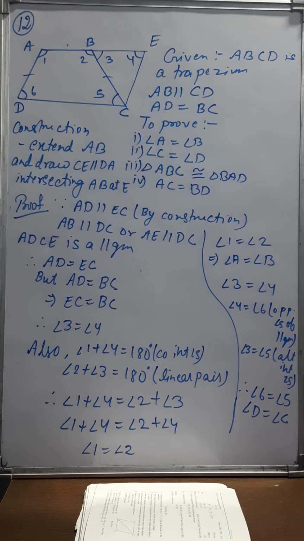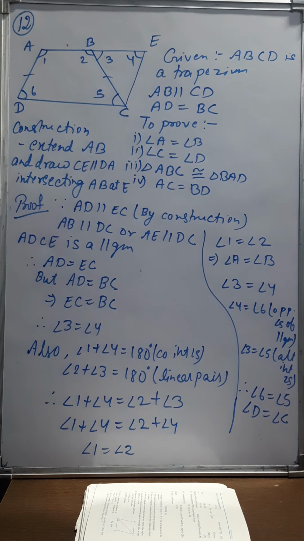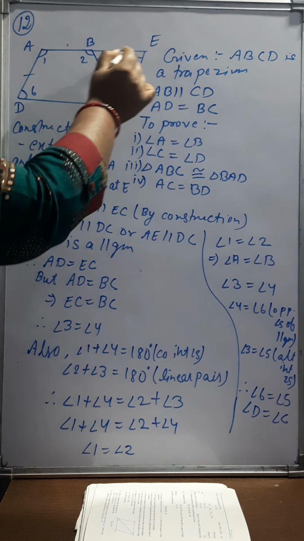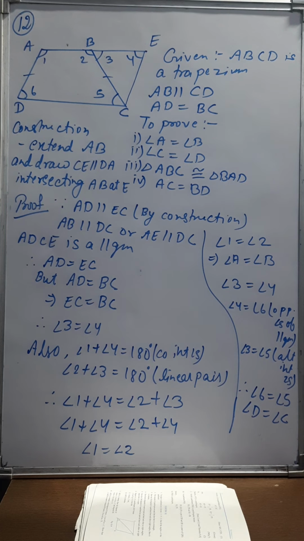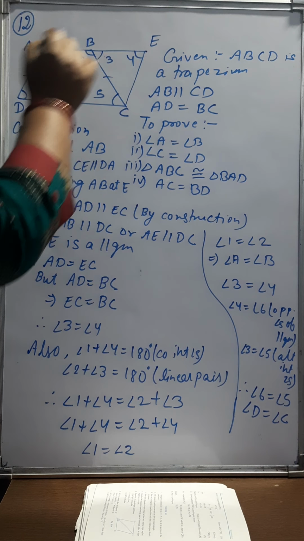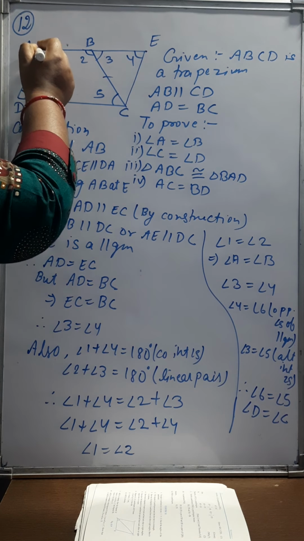So for that a construction is given in the book: extend AB and draw a line through C which is parallel to AD. So here AB is extended to E and a line through C is drawn parallel to AD, intersecting AB produced at E. See here carefully.